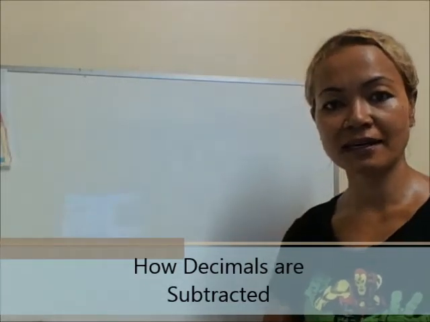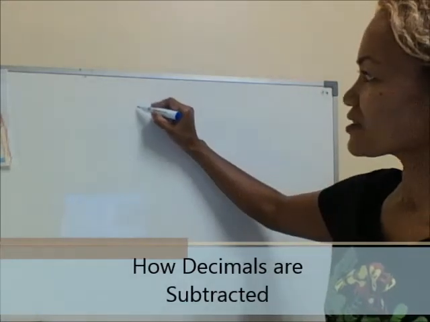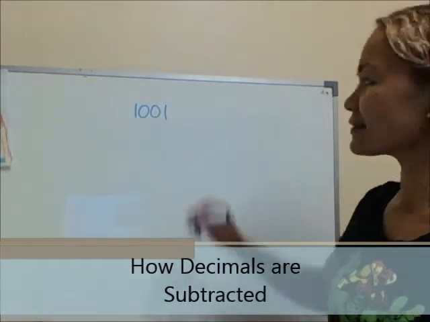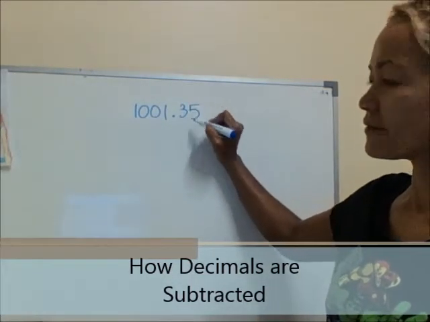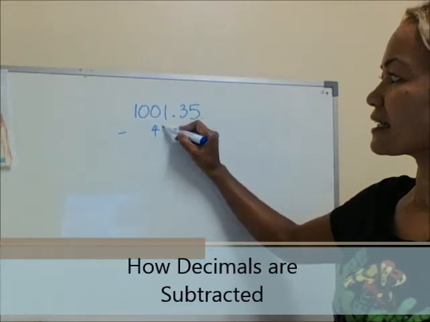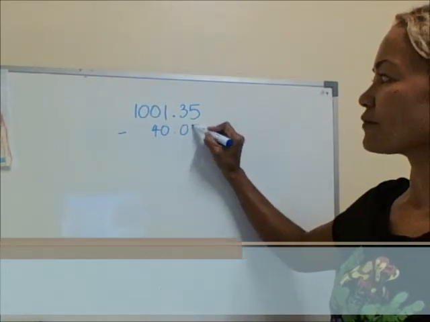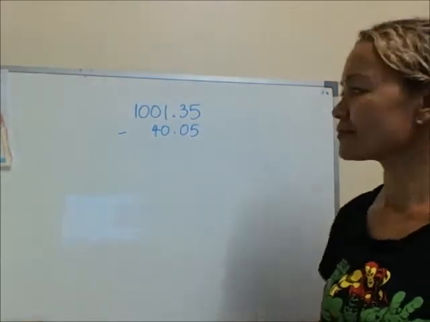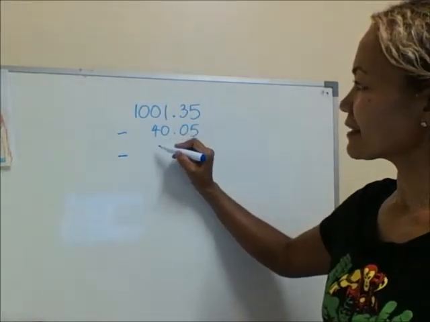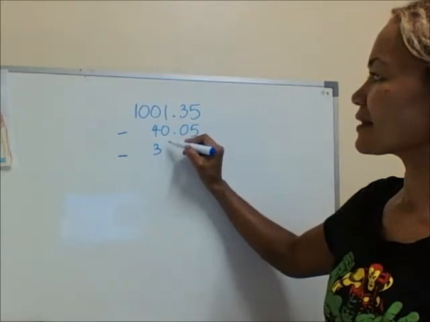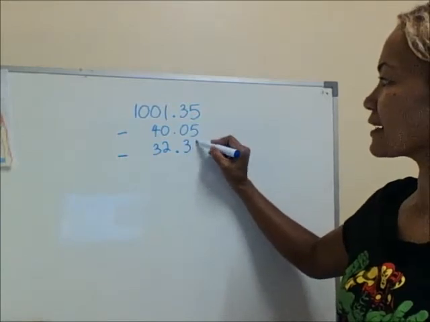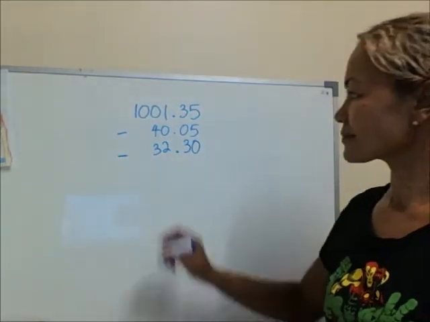So if we go with an example, let's try 1001.35 minus 40.05, and you further subtract, let's say, 32.30. Okay.